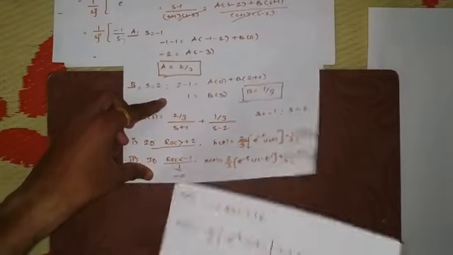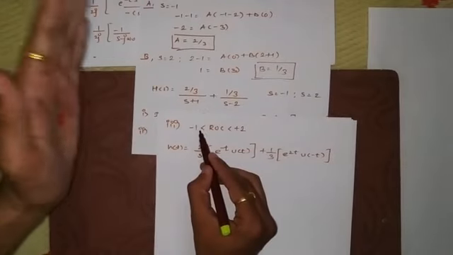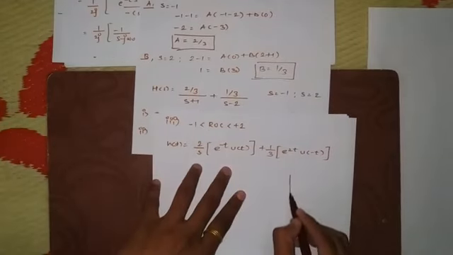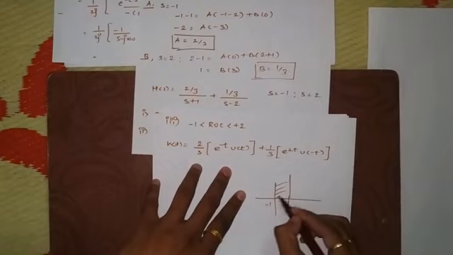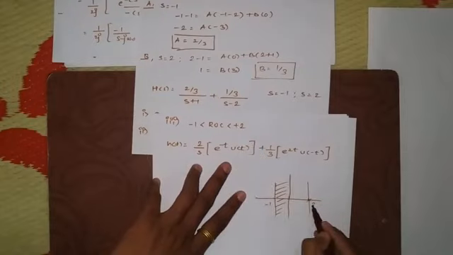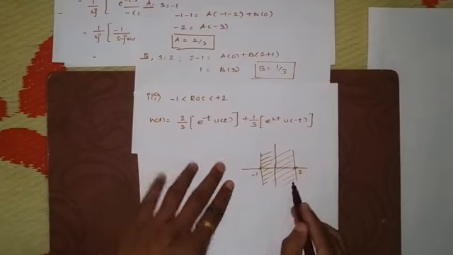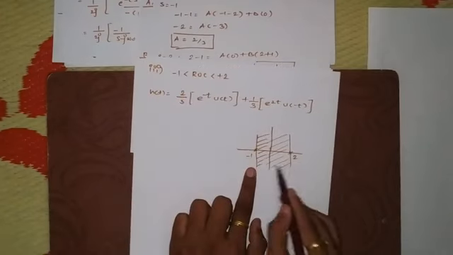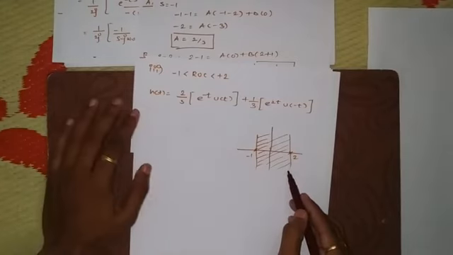Now we'll come across the third possibility. The possibility is what? ROC greater than minus 1, and it should be less than 2. This is the pole point at 2, less than 2. That means your region of convergence is in between minus 1 to 2. That means it never approaches infinity and we'll get a finite impulse response.